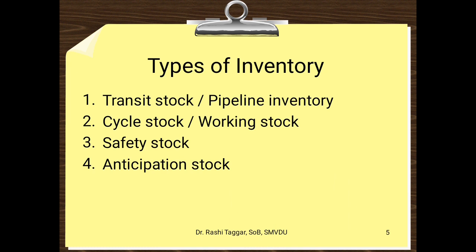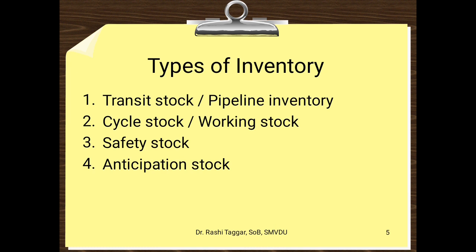And the procurement: if the procurement is done from a nearby supplier, or the supplier is far from the plant, then that will also impact the magnitude of this transit stock or pipeline inventory.